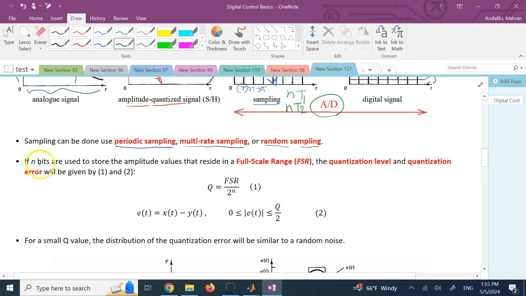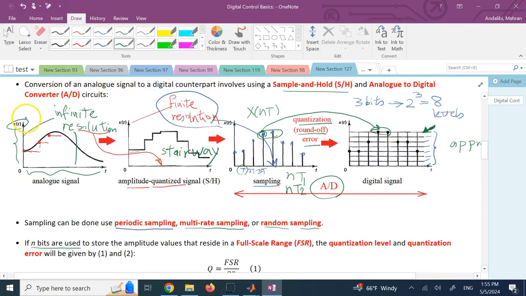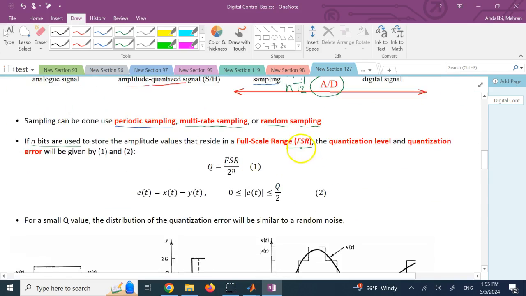If in general you use n bits to store the values and do the quantization, and the full scale range on the signal X we call FSR, then the quantization level Q is given by that full scale range divided by 2 to the n.